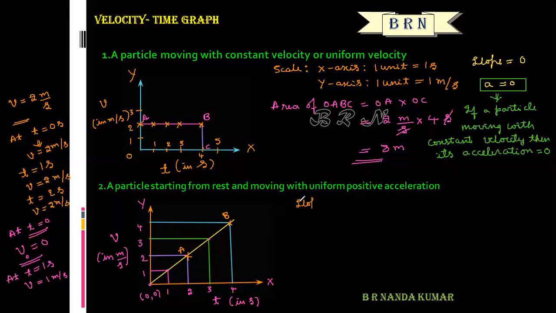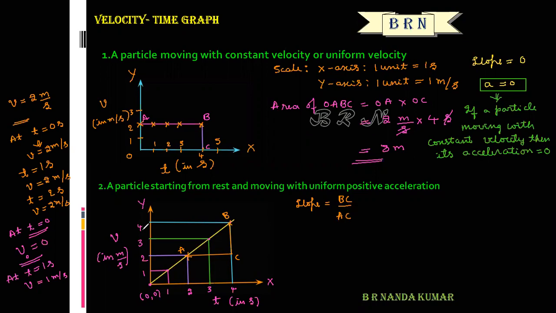Slope is the ratio of vertical distance divided by horizontal distance between two points on a straight line. This is the horizontal distance between A and B, and this is the vertical distance between A and B. Let us consider this point as C. So the slope is the ratio of vertical distance, BC, divided by horizontal distance, AC.